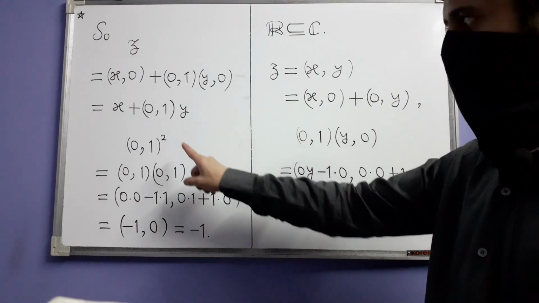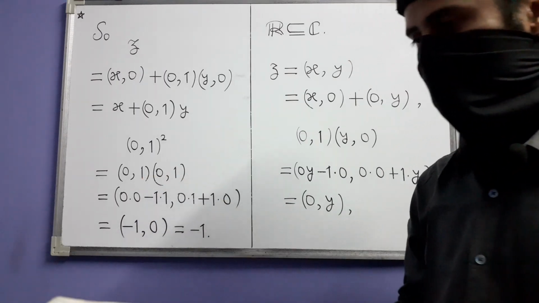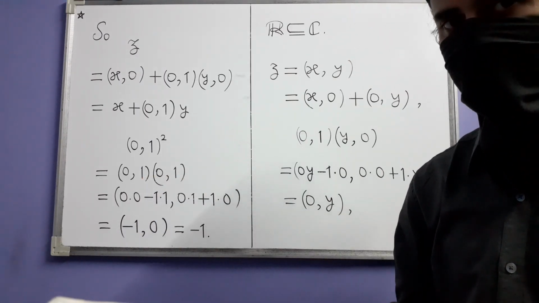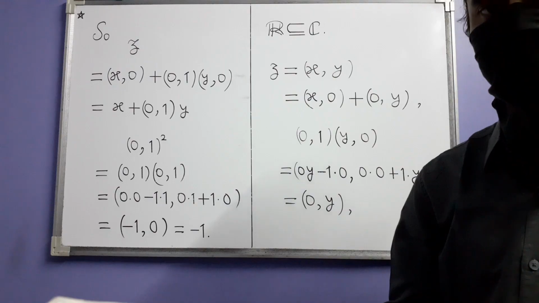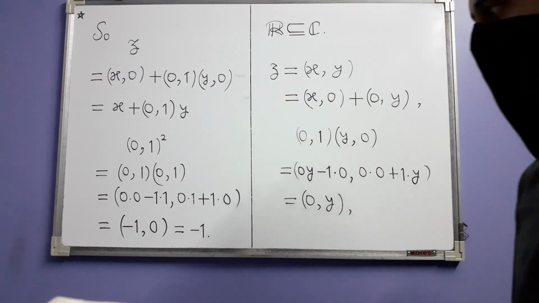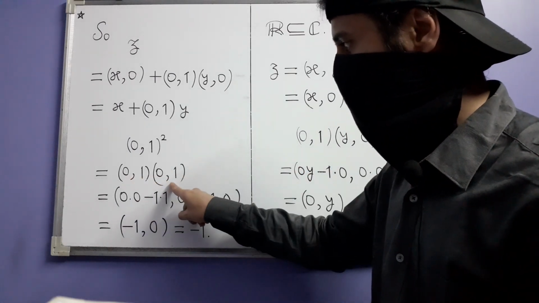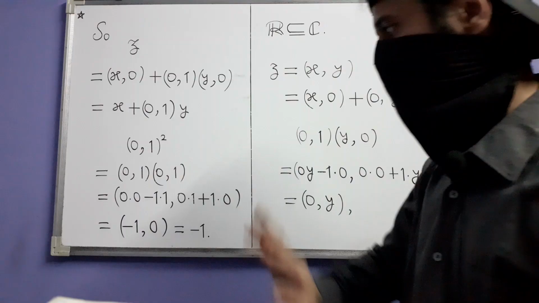Let's calculate the square of this complex number. Because we want to apply the definition of multiplication and it's still new to us, may not be new to many of you, but still in general say it's new to us, I have written like this, 0, 1 times 0, 1.